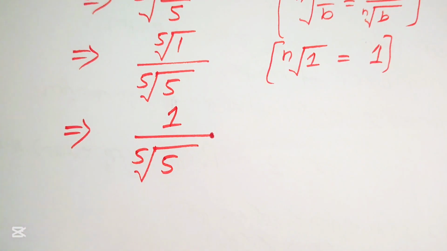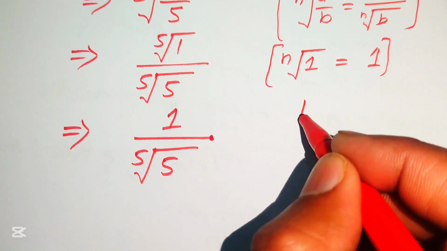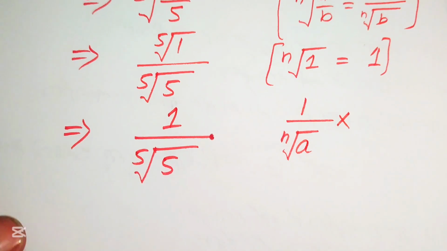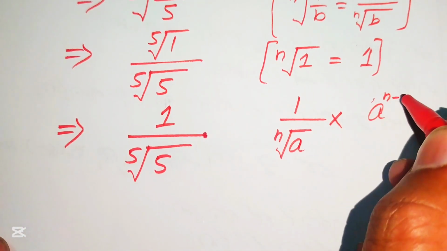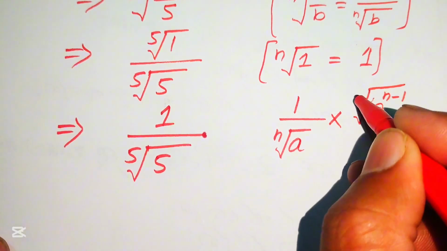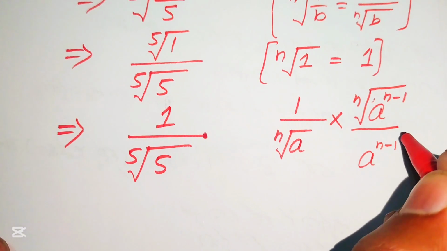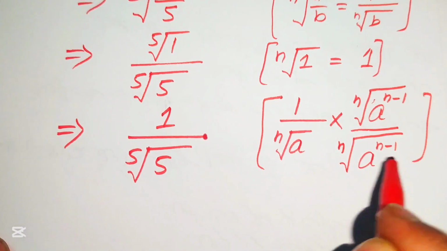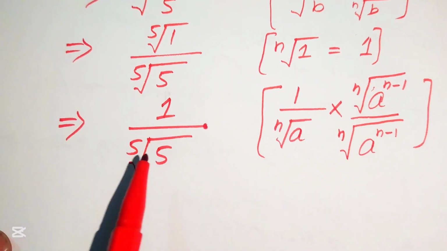In the next step we will apply this rule. If we have 1 over the nth root of a, it is multiplied by the nth root of a to the power of n minus 1, and divided by the nth root of a to the power of n minus 1. So we just multiply and divide this term by this value.